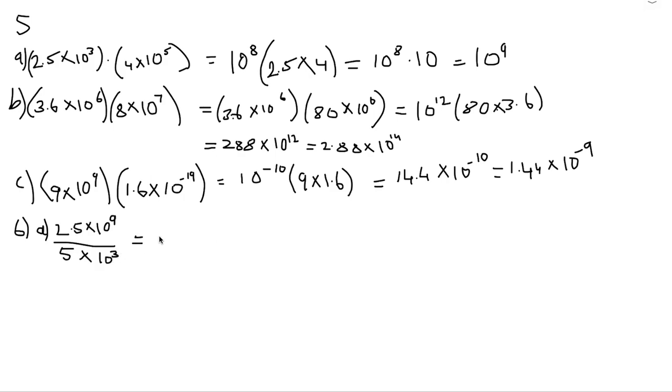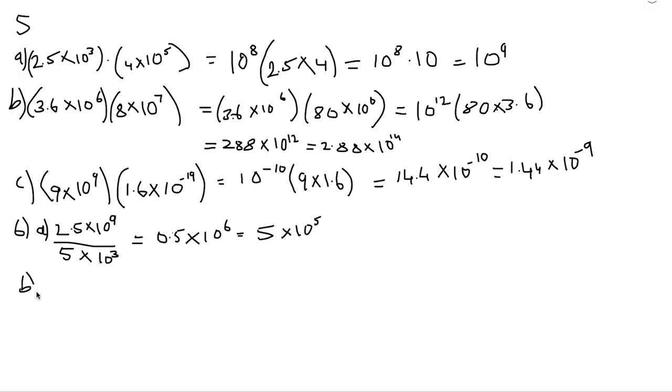Now 2.5 divided by 5 will become 0.5. 10 to the power 9 divided by 10 to the power 3 will give us 10 to the power 6. So 0.5 times 10 to the power 6 equals 5 times 10 to the power 5 when rewritten. The decimal point moves to the right by 1, and the power will decrease by 1.